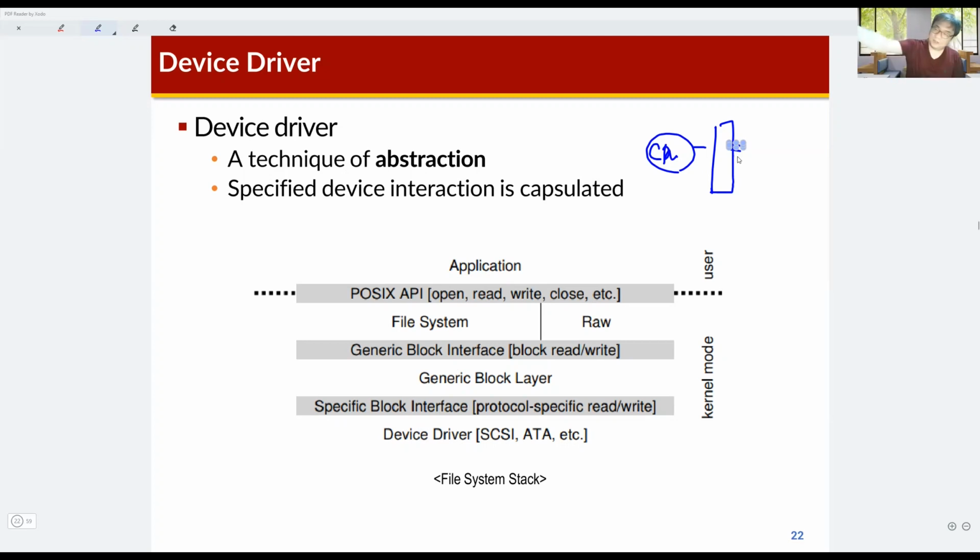If there are many different I/O devices, that means these I/O devices are entirely different. So what's the problem? In order to control these different devices, we need different interfaces for different control.